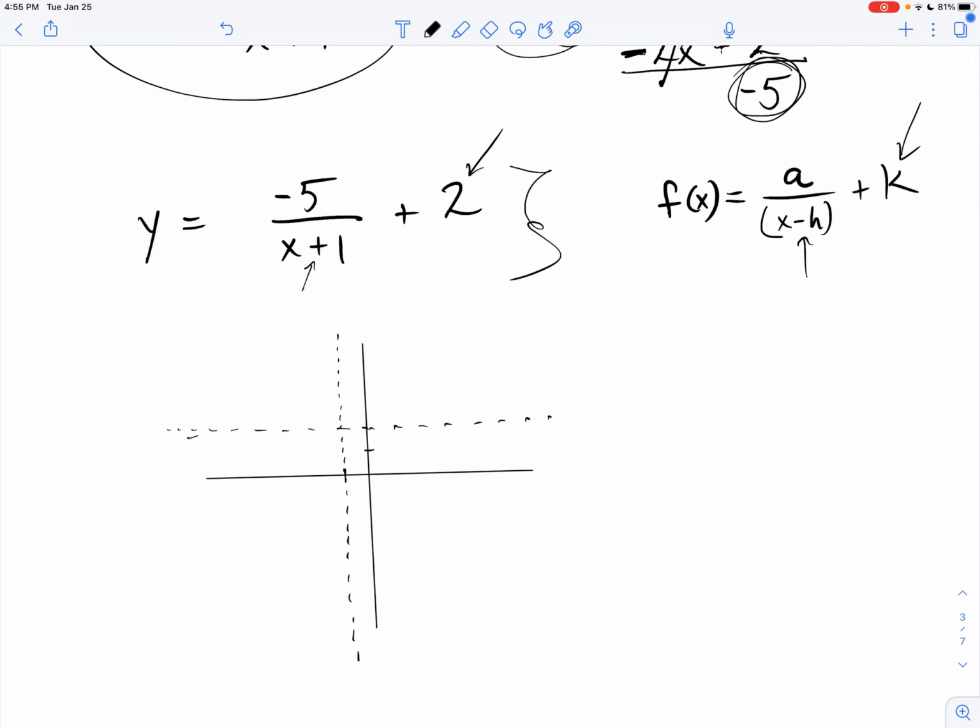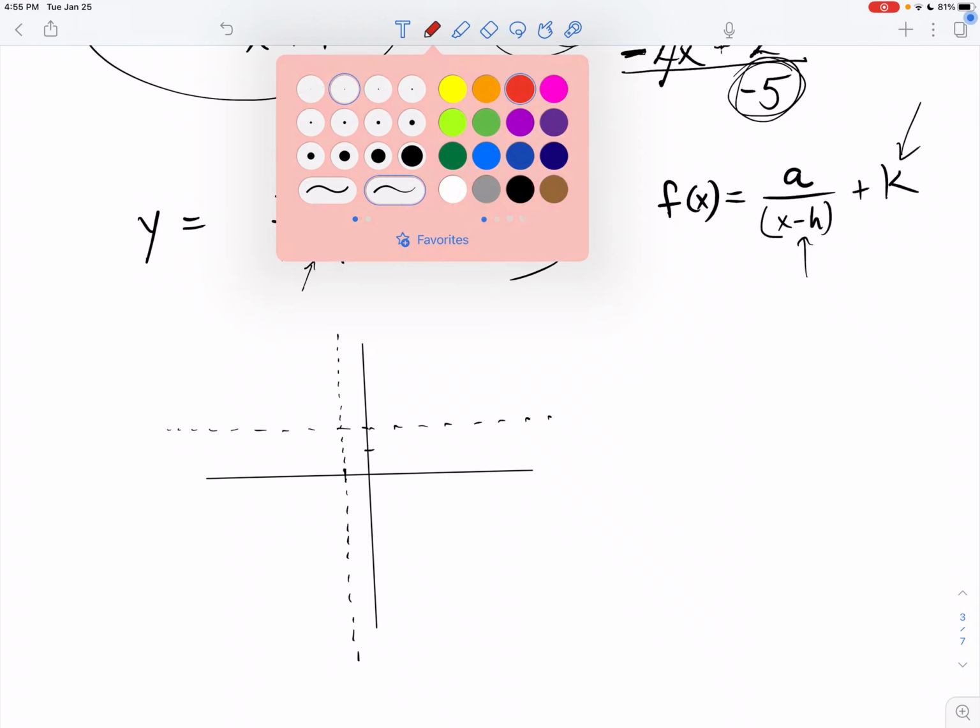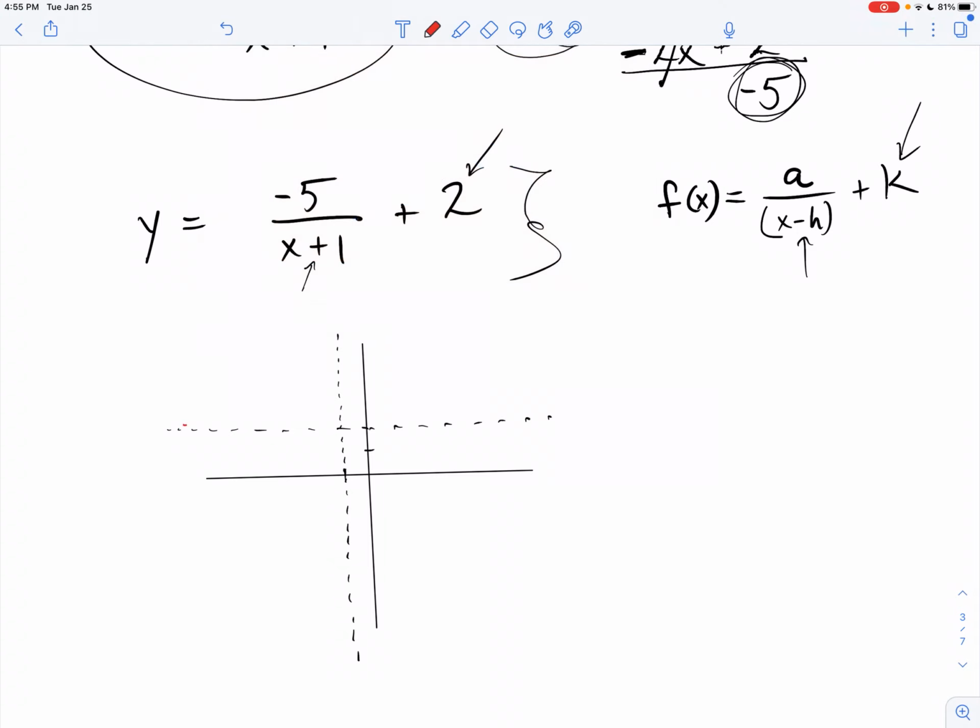Normally, my graph goes down over here and up over here, but I've been flipped. So I'm going to get rid of those guys, and I'm going to say, you know what, let's use a different color. On this side of the picture, it's going to go up. And on this side of the picture, it's going to go down.